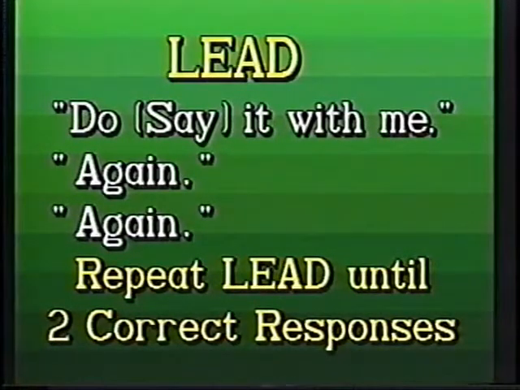That means repeat the lead as many times as it takes to get the children to respond 2 times in a row correctly with you. Sometimes to prompt myself while I'm leading, when I finally get a correct group response, I'll say one more time and lead again.